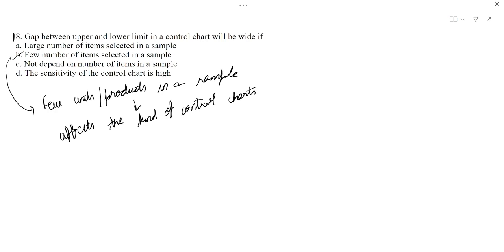In addition to plotting the average values of the characteristics, we also plot the upper and lower control limits. With a large number of units in a sample, these limits will be closer to the average, which makes the control chart very sensitive to fluctuation or variation in the quality characteristics.